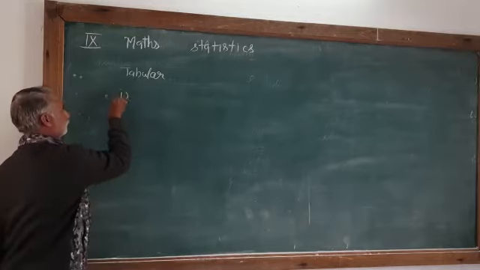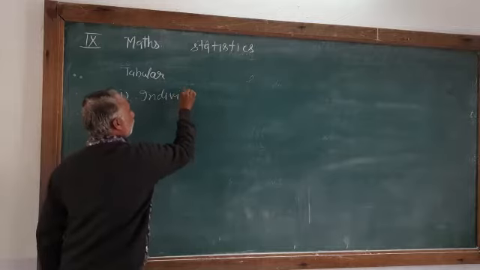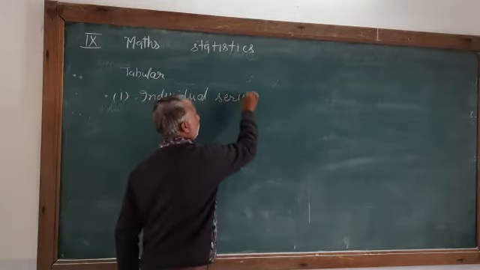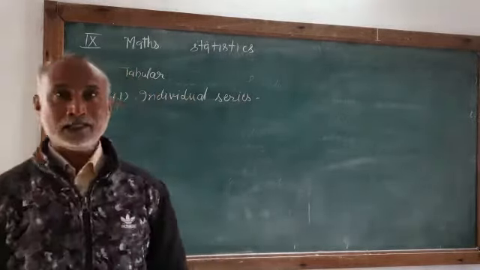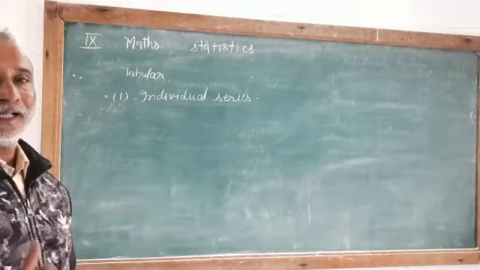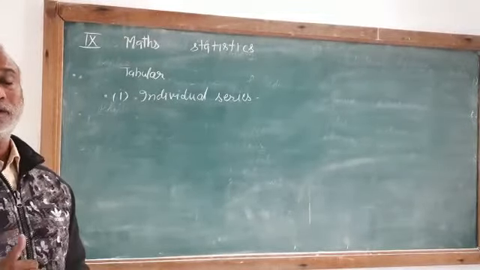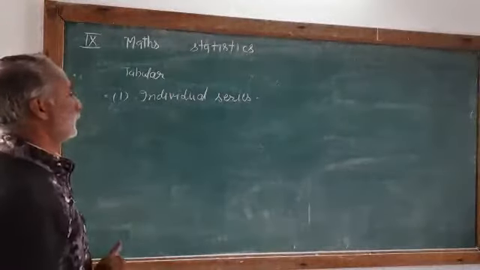First one, individual series. In this one, the collected raw data are arranged either in ascending order or descending order with their individual identity. That is known as individual series.